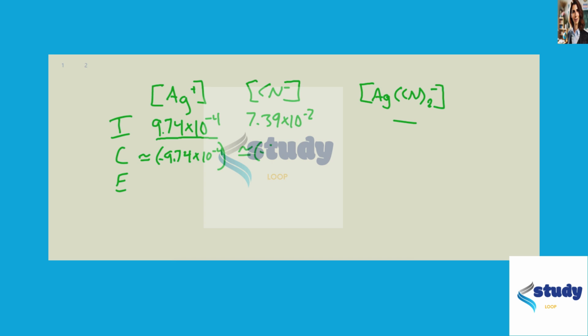We do the same thing here, minus 9.74 times 10 to the minus 4 times 2, since we need 2 cyanide ions. And then over here, we're going to say that we're achieving almost all of this concentration.